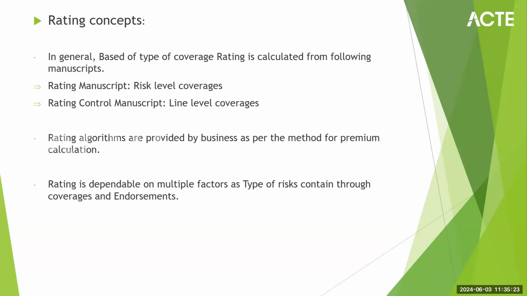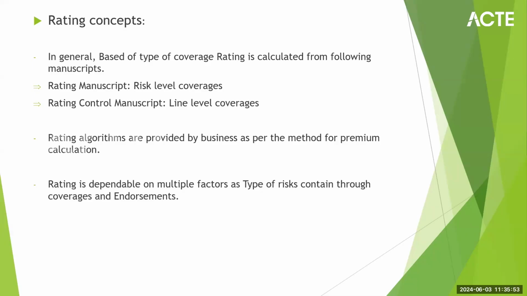Whatever coverages are there at risk level, all those coverages will be calculated in the rating manuscript. The next is line level coverages. Whatever coverages are applied at the line level, the complete calculation is done in the rating control manuscript. Rating algorithms are provided by business.